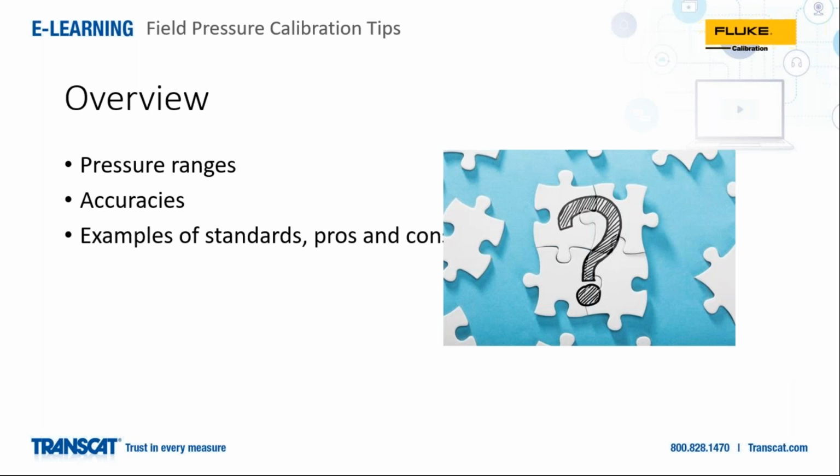So as we start talking about this, I'd like to break this down into a couple of logical areas and show how these relate to field pressure calibration, specifically because different considerations apply with different sorts of standards and different pressure ranges, as we'll see as we go on into this presentation.